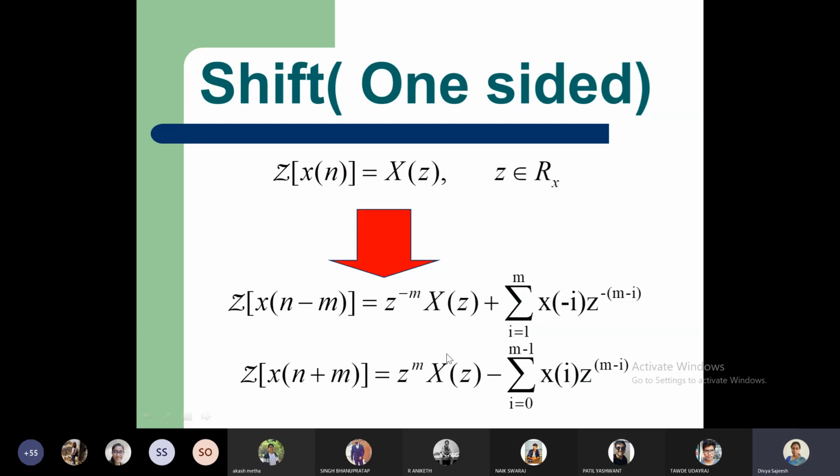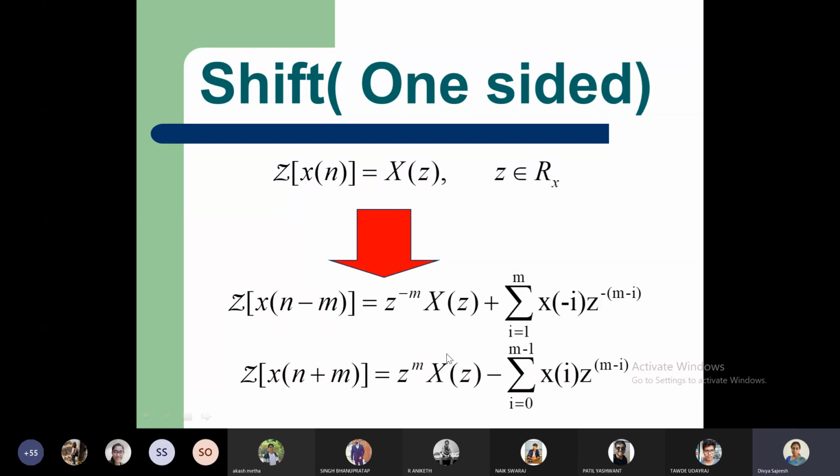Now let us take the case of one-sided signal. That was the two-sided signal. The signal can be one-sided also. So if it is one-sided, then the formula is entirely different. You can see here the formula for the shifted signal, that is the delayed signal and the advanced signal. Z raised to minus m X of z is there, plus other terms also will get added.